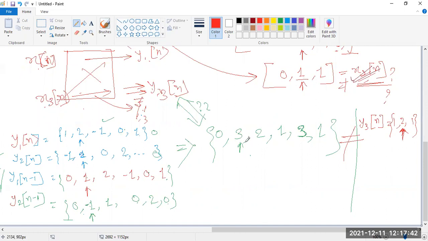Okay, here 3 is the initial point, here 2 is the initial point, and no other terms are there, only 1 and 1. If you want to draw this signal, then 1, 2, 3, 4.